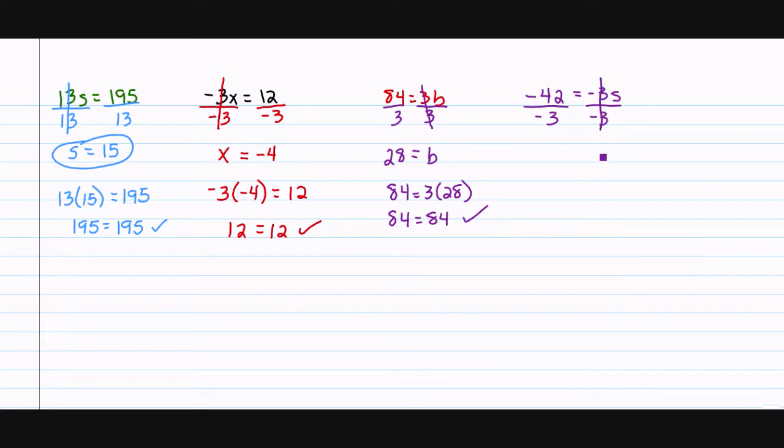That gives me a 1. S equals positive 14. And if I substitute it back in, I get negative 3 times 14, and I get negative 42 equals negative 42, which makes that sentence true.